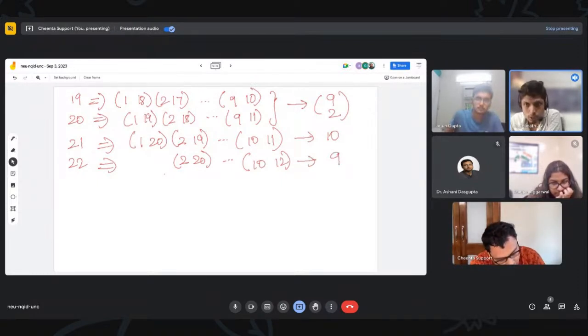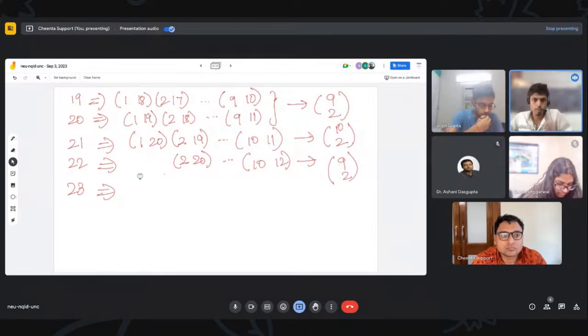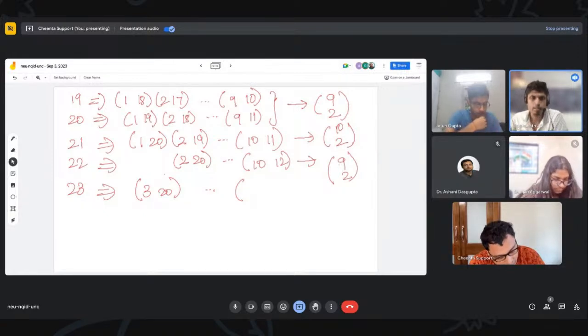So, sorry, 10 choose 2, because you choose any two pairs and it will form a quadruple. That's why 10 choose 2, whereas this is 9 choose 2. And for 23, let's find. It will go from 3 20 till 11 12. Yeah.